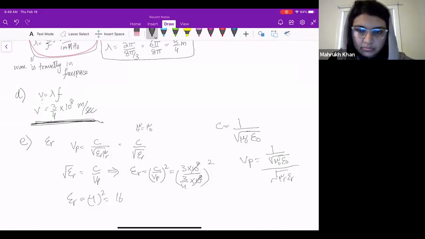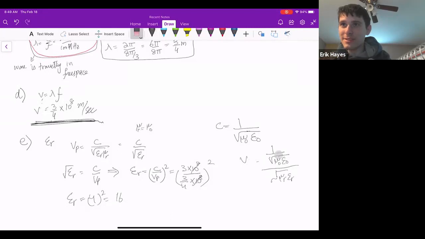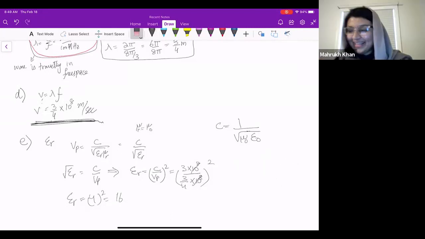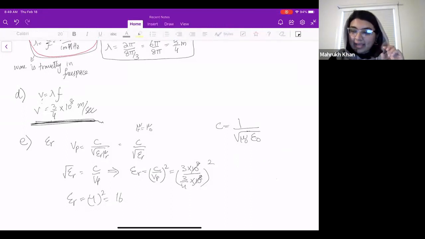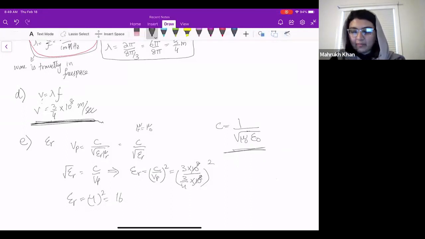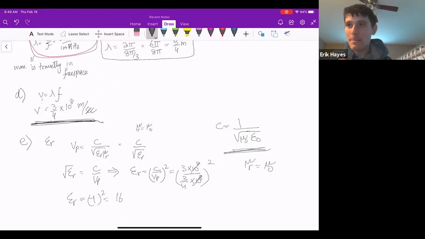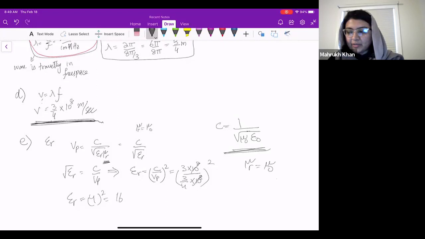I asked the question. Sorry. No, it's okay. What I'm saying is that your speed of light is equal to this thing, right? And your mu r is equal to mu naught, right? So you don't have to write this thing, because this will be canceled with the mu naught part, and it's automatically considered as 1 because they both are equal.